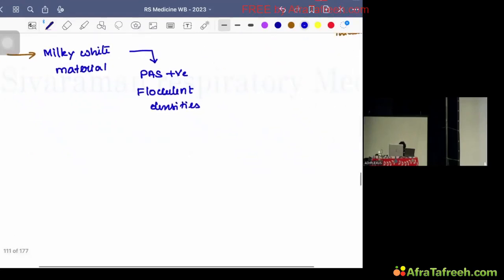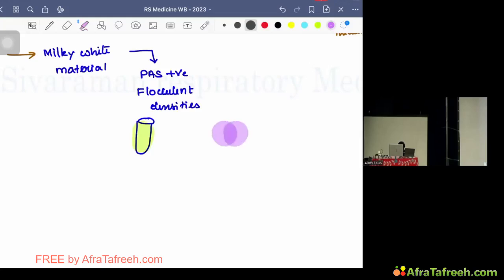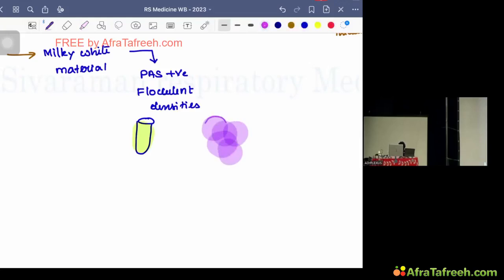So what you're going to get is a milky white BAL. Whenever you stain it, the staining pattern is going to be like this. They will form flocculent deposits like this.